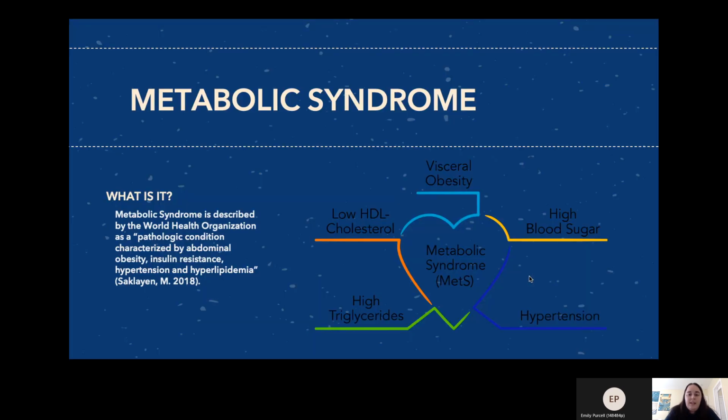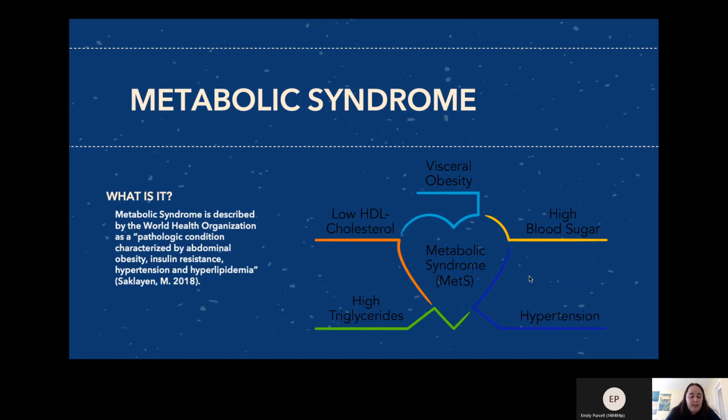So moving on from diabetes, I'd like to talk about metabolic syndrome, which is a syndrome that encompasses a lot of different issues in the body. It is described by the World Health Organization as a pathologic condition characterized by abdominal obesity, insulin resistance, hypertension, and hyperlipidemia.